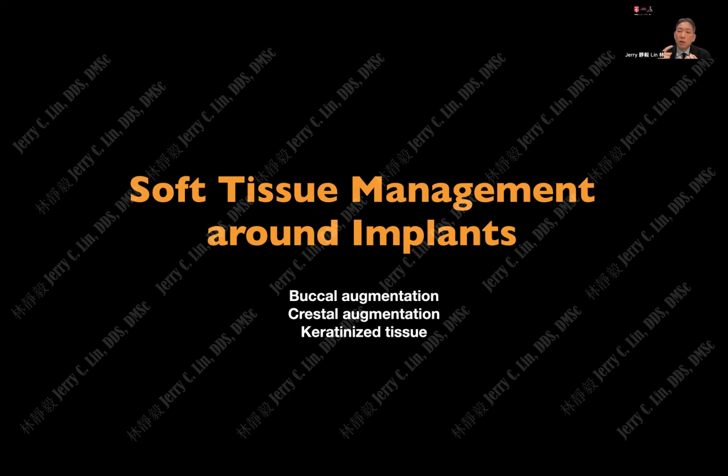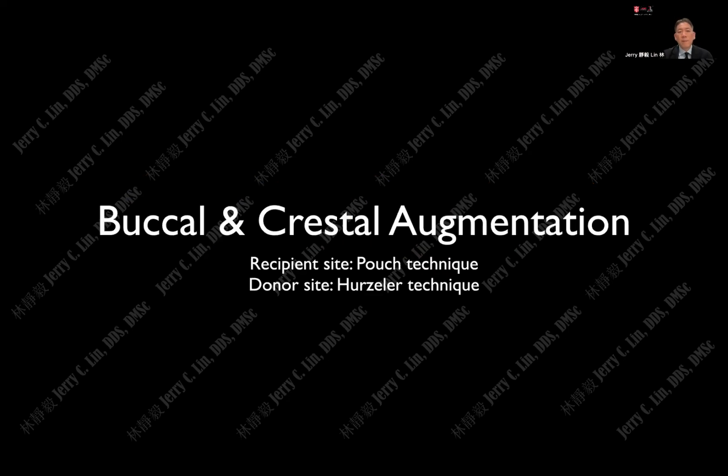Essentially, we can use soft tissue to augment the buccal side and crestal side, and also we try to gain keratinized tissue for aesthetics. Let's talk about buccal crestal augmentation with soft tissue. The case we're talking about has good bone, maybe a compromised implant position, or compromised bone, but it could be managed with soft tissue.